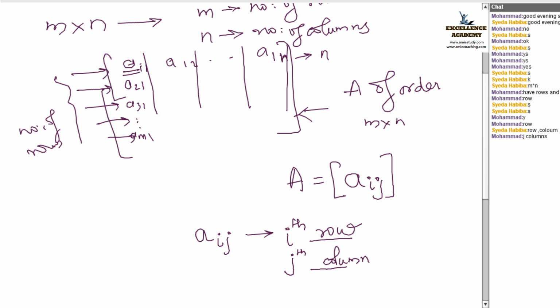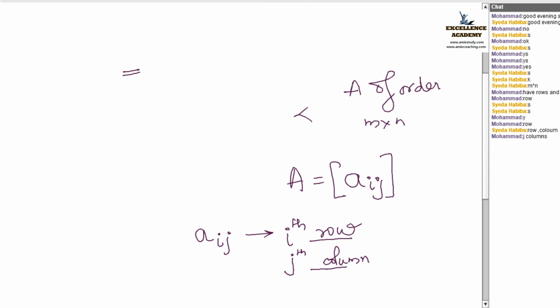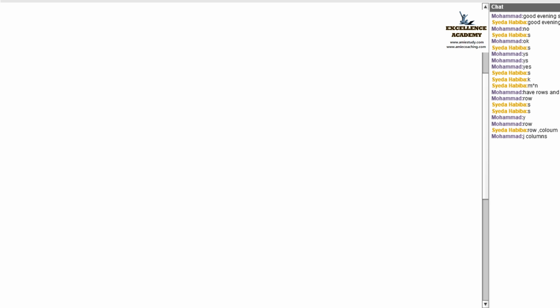Now we shall move on to some special types of matrices. First of all, let us see what is meant by a square matrix.